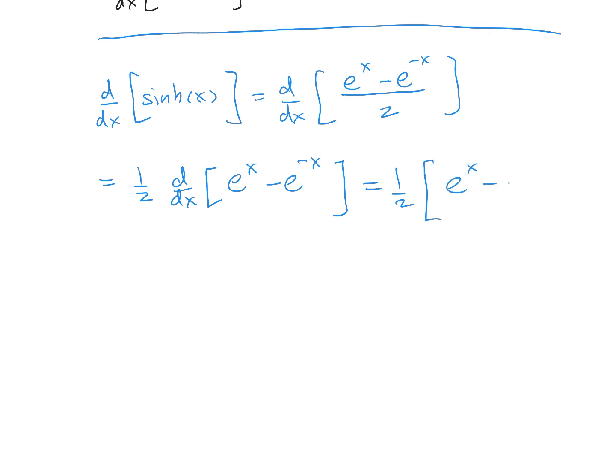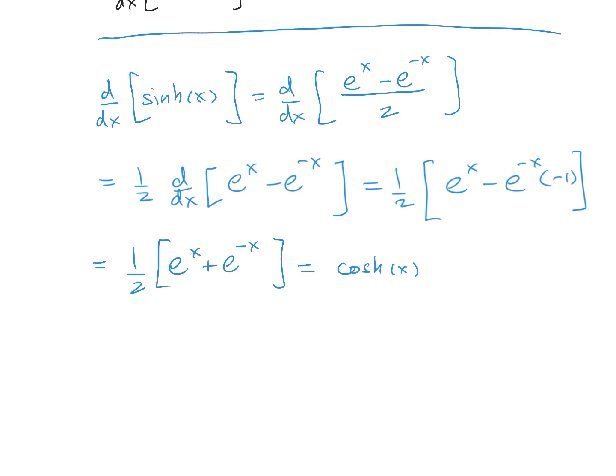And then we're going to have the derivative of e^(−x) being itself times a −1 by the chain rule, which simplifies down to just 1/2 of (e^x + e^(−x)), which is the same thing as our hyperbolic cosine definition.